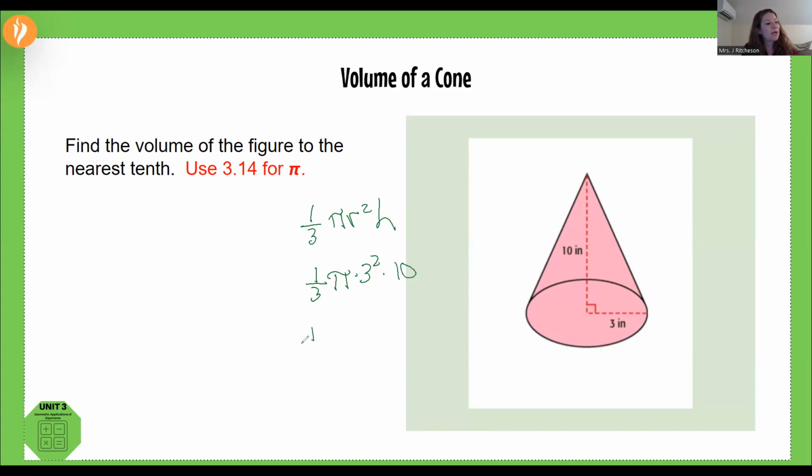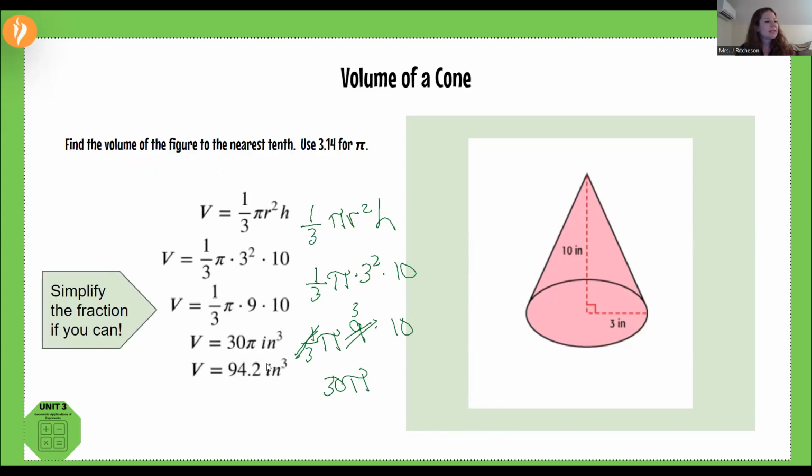Well, I know 3 squared is 9, right? And I know 1/3 of 9 is 3, so you can simplify it this way. So this is just pi times 3 times 10. So 30 pi would be our answer, an exact answer. And then to multiply 30 times 3.14, that's going to give us 94.2.